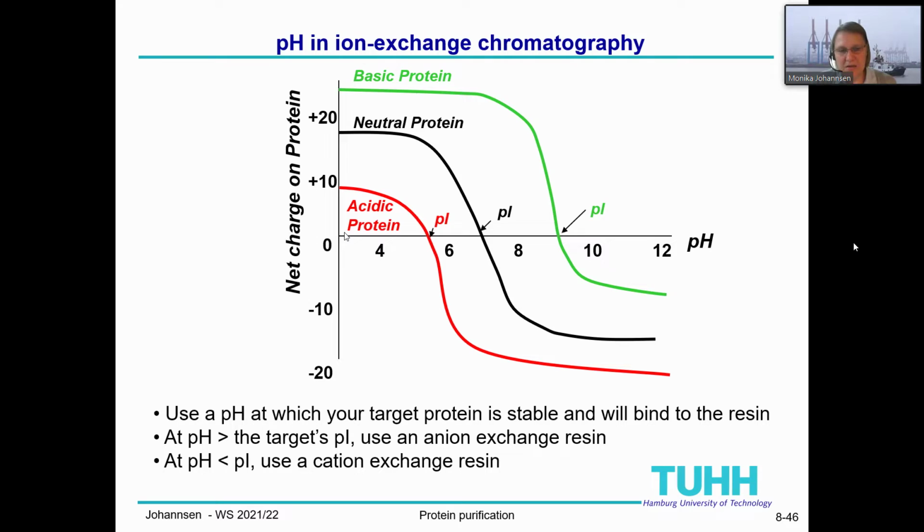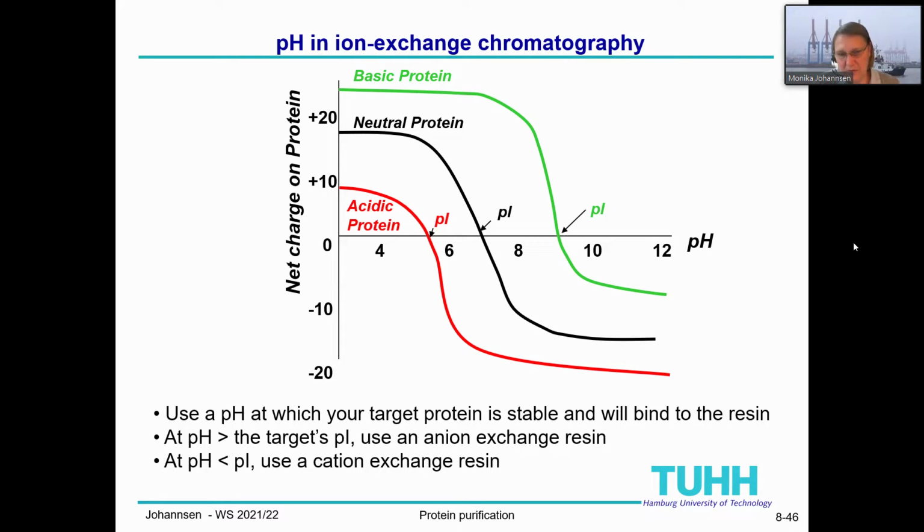This is shown here. At a pH higher than the target pI, I told you we would use an anion exchanger. Then we are here in this range. If the pH is smaller than the pI, we would use a cation exchange resin, which is in this case here. And what would we choose?